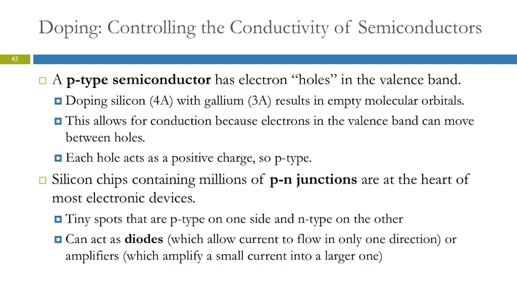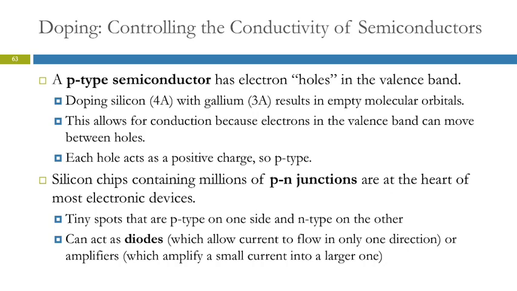It's deficient in electrons. Silicon chips, there's a bunch of them in the cell phone in your pocket, in your calculator, in the projector and all the electronic devices. Silicon chips have millions of p-n junctions. These are areas where one side is a p-type semiconductor, the other side is an n-type semiconductor. And these can act as diodes.